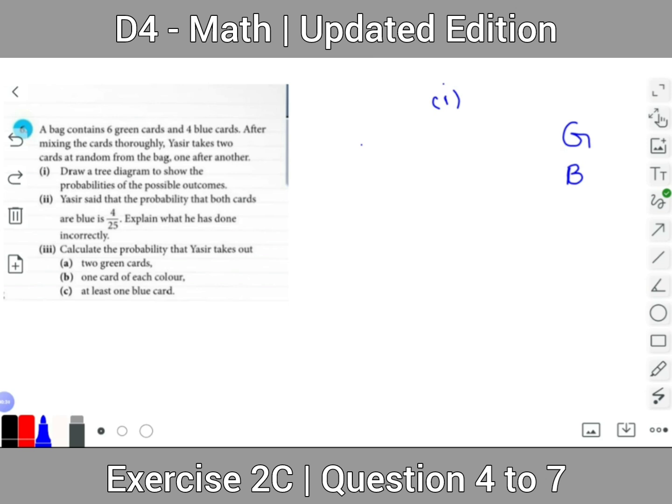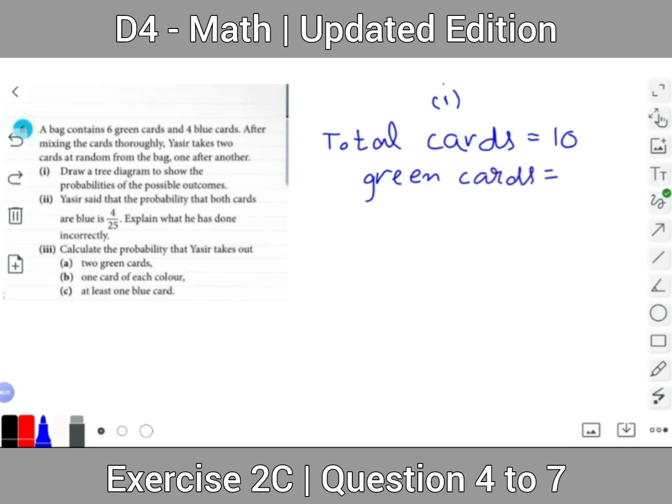So we have total cards: 6 plus 4 is 10. Green cards are equal to 6 and blue cards are equal to 4.